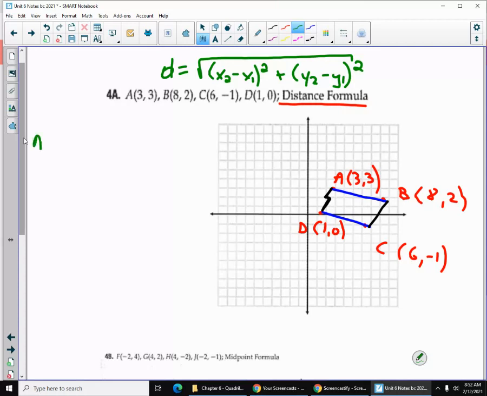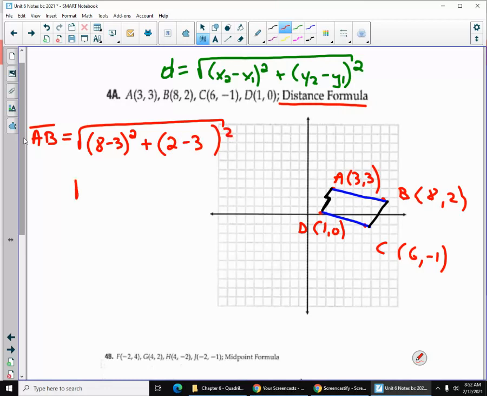Let's find the distance between points A and B. So if you want to find AB, you will do (8 minus 3) squared plus (2 minus 3) squared.